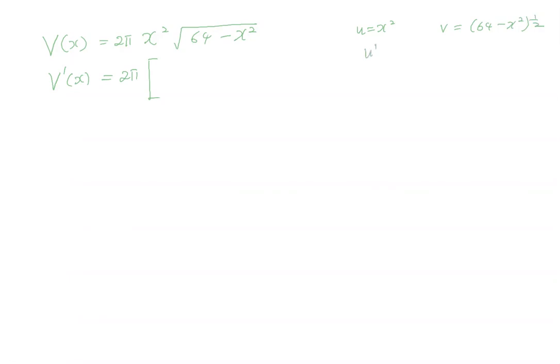So u prime is 2x, v prime is half of 64 minus x squared to the power of negative half, then times negative 2x. So it becomes negative x over square root of 64 minus x squared. Yeah, you got that?